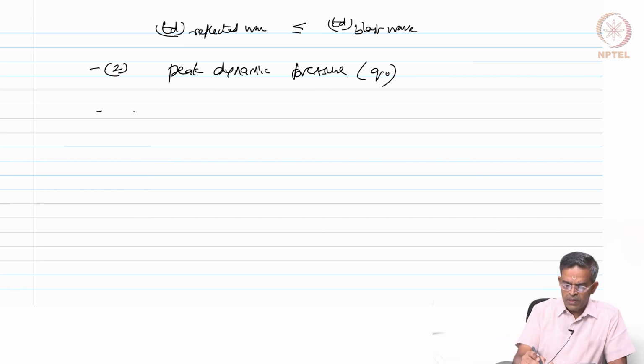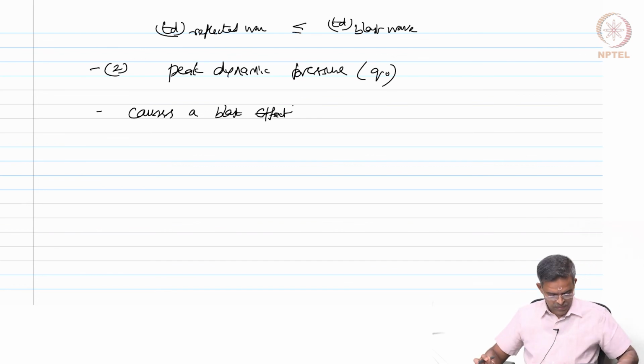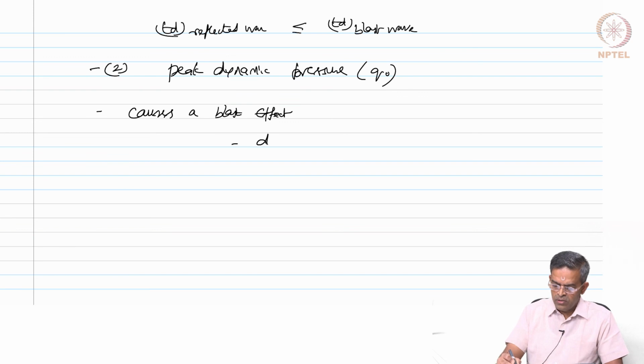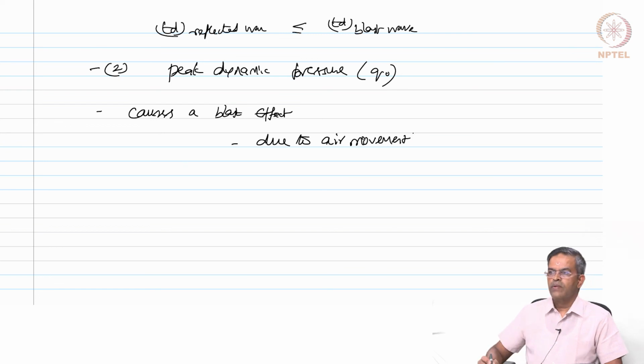The peak dynamic pressure causes a blast effect and it is caused due to the air movement around the building.